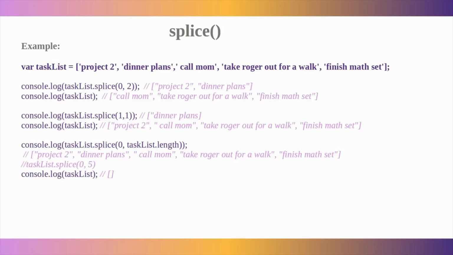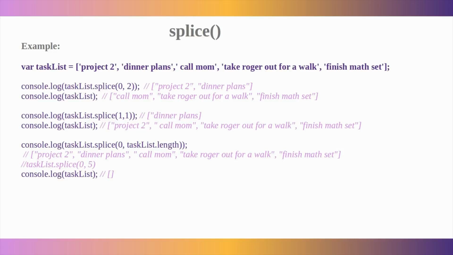And in our last example, we call the splice method on the task list array starting from position 0 and taking the entire content of the array as the number of items to remove, as represented by tasklist.length. Because if you remember, tasklist.length will give the number of items in an array.